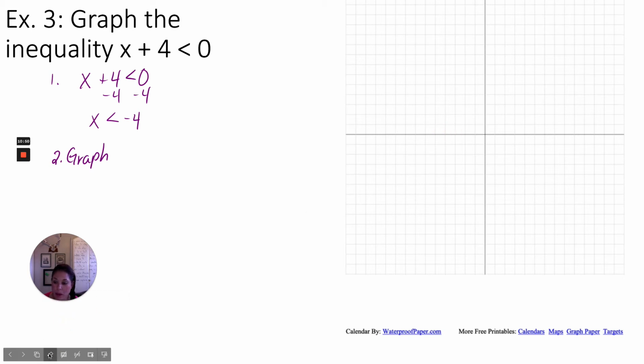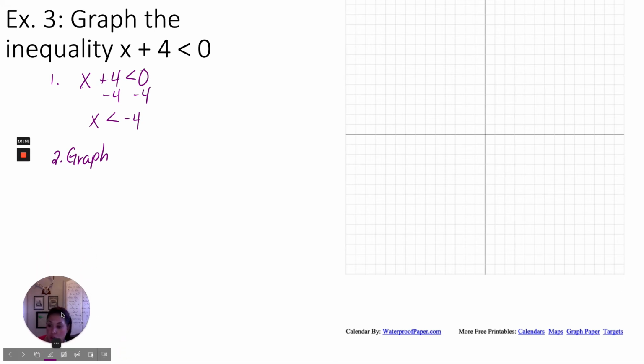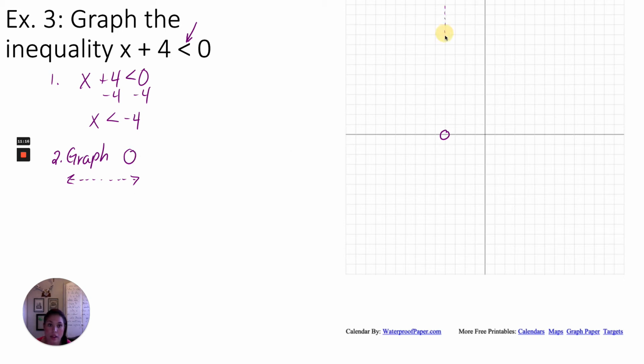What is my inequality symbol? Because of my inequality symbol, what type of circle do I have? You should say you have an open circle. 1, 2, 3, 4. We have an open circle. And my line is dotted. So I have a dotted line and an open circle. So I'm going to have this dotted line that goes straight through.